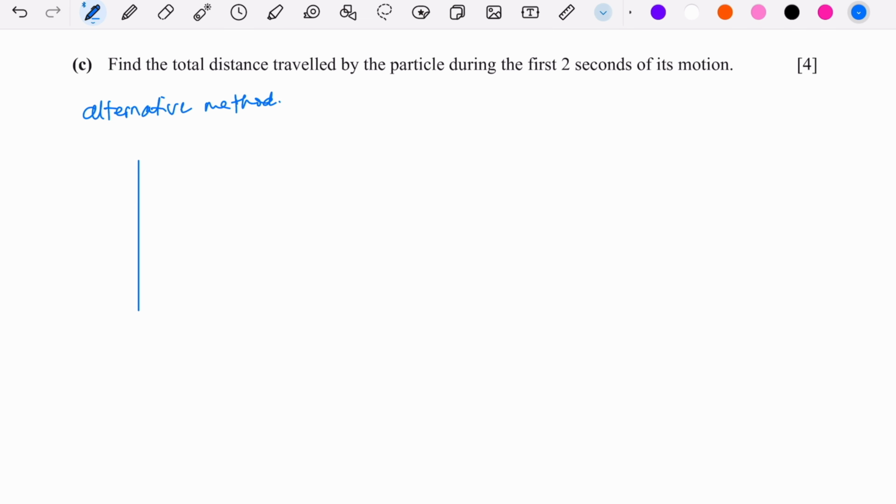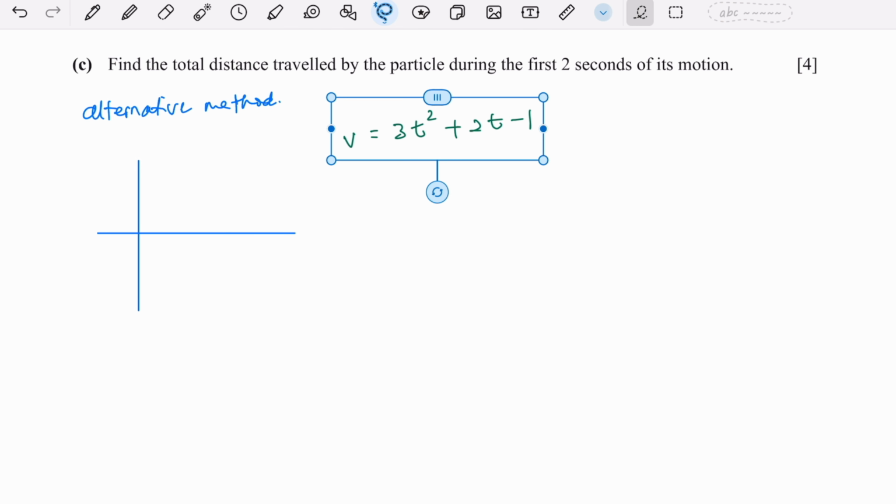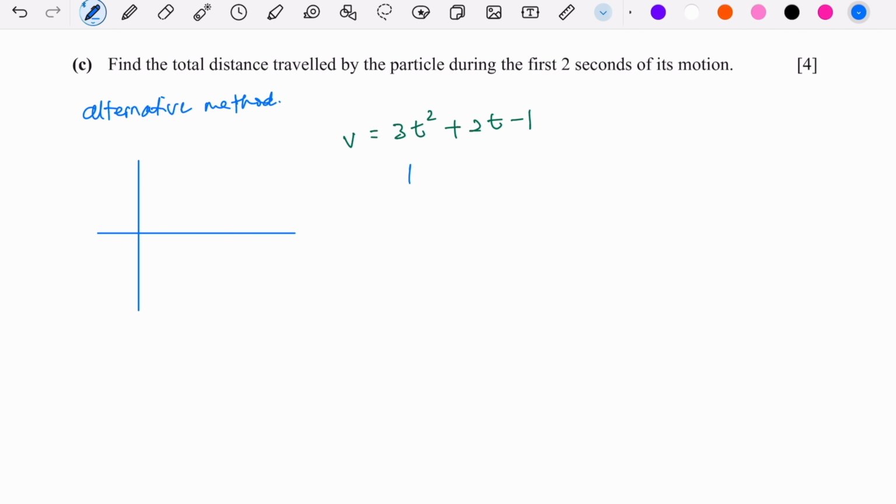Let's visualize the graph of velocity versus time. Since we know our velocity is equal to 3t squared plus 2t minus 1, and our t is from -1 to t equal to 1/3, let's plot this quadratic graph. Here is -1, and here is 1/3.